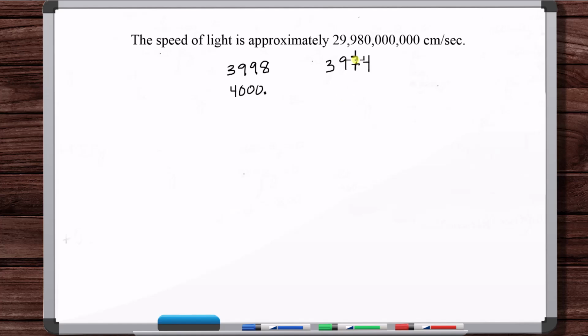And you're not rounding the tens place here, because if you were rounding the tens place, you would say 3970. Right here we were rounding the tens place. But let's say you're rounding the hundreds. So this 9 goes up, so you're left with 4000 again. But the decimal place is not here. There's only 3 significant figures here. So you see how it's confusing?